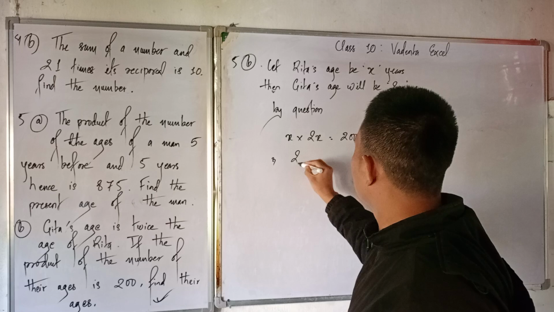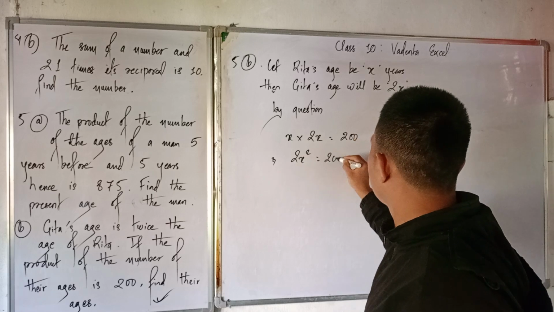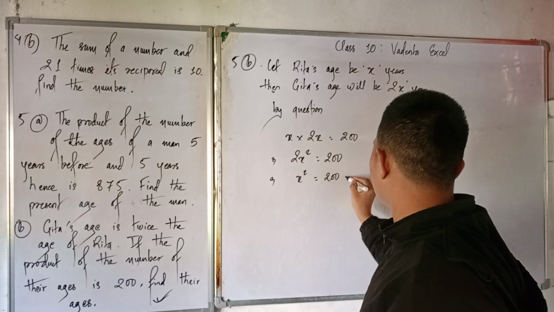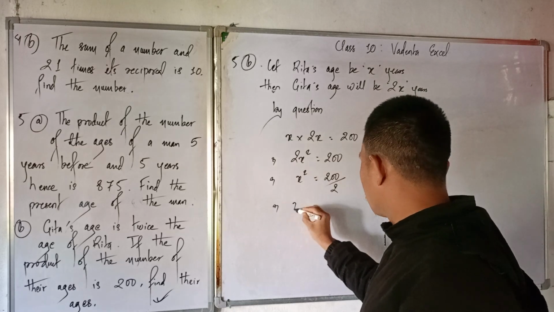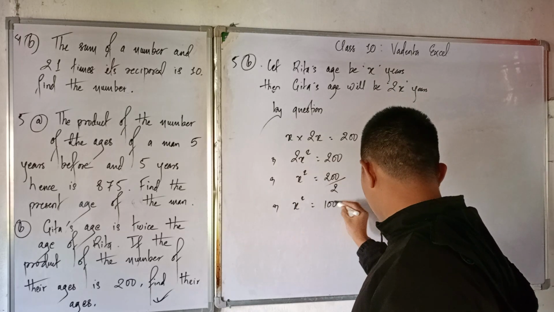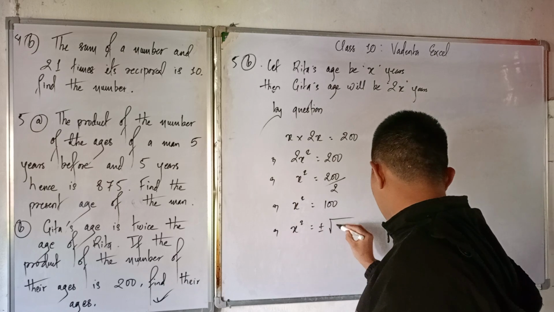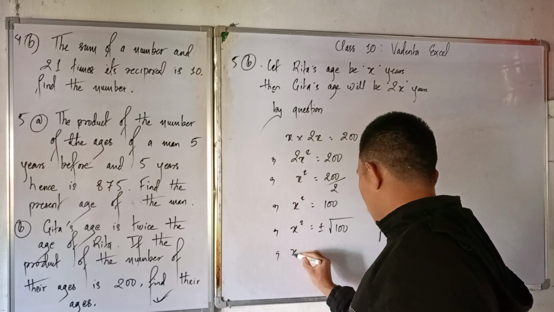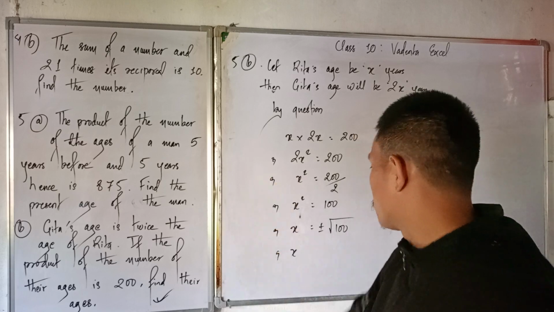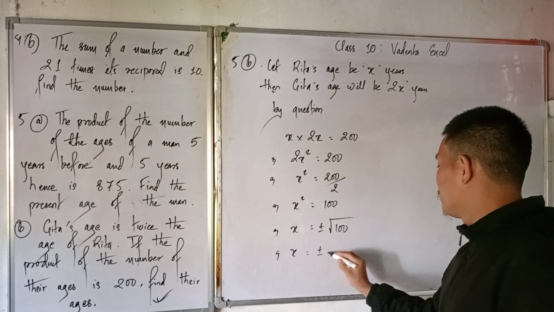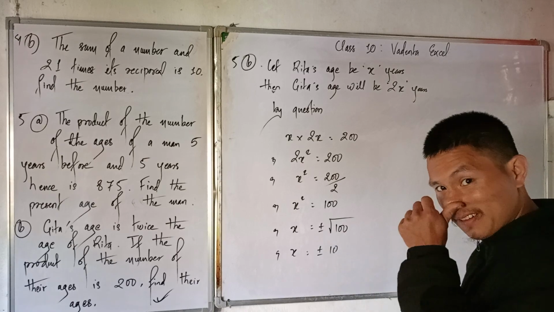So 2x squared equals 200, or x squared equals 200 divided by 2, that is 100. So x squared equals 100, and x equals plus or minus 10.